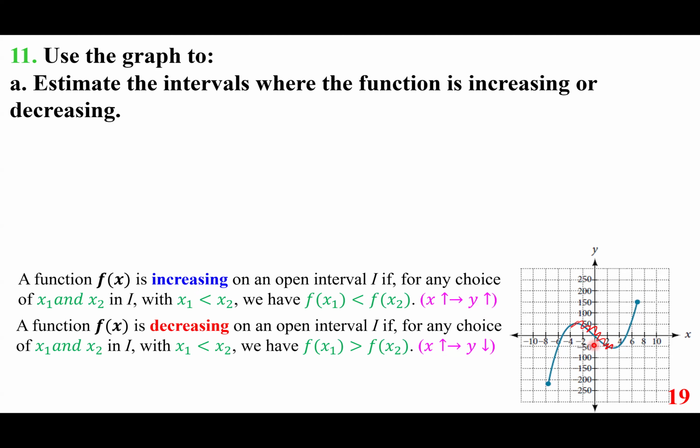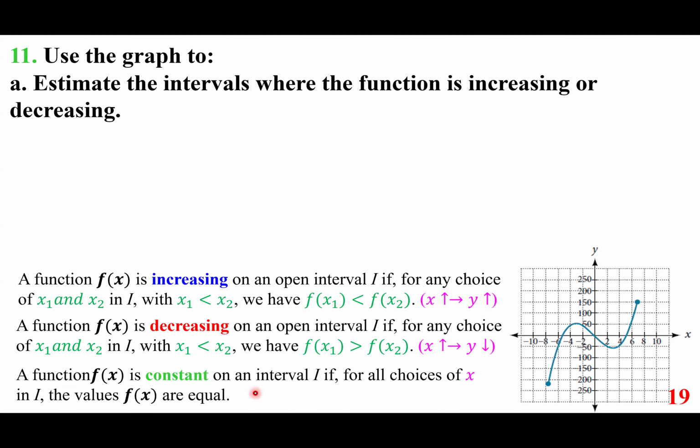So let me erase my work. A function is constant on an interval I if for all choices of x in I the values of f of x are equal. So having said that, increasing, this one corresponds to -8, this one to -3.